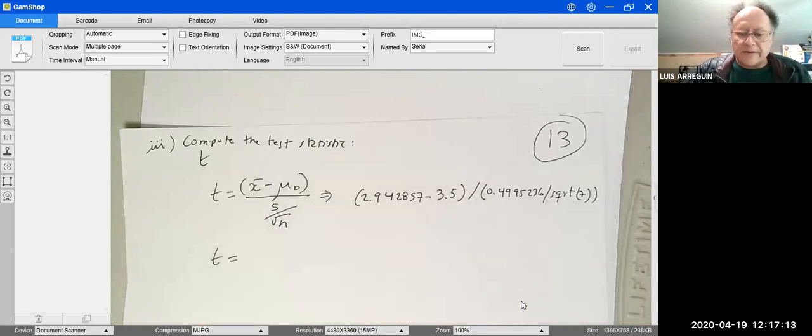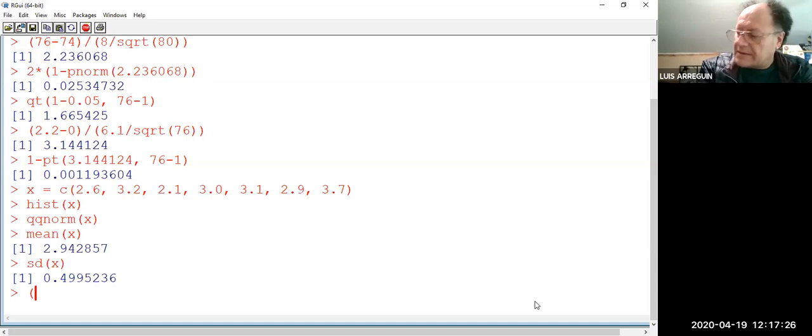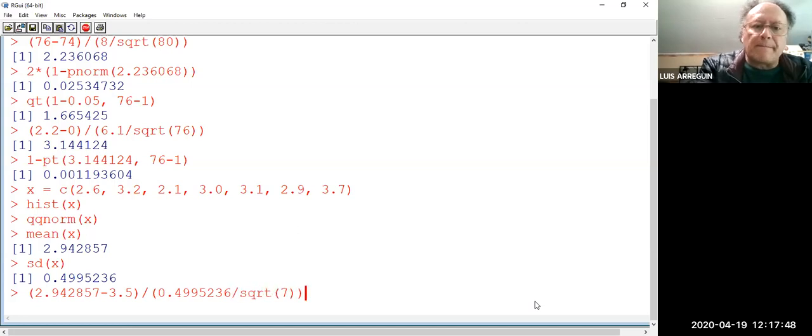So let's do it. So let's see what happens. So we're gonna go back to our R console. So I have now a parenthesis and 2.942857 minus 3.5 over the standard deviation divided by the square root of the number of data values, which is 7.